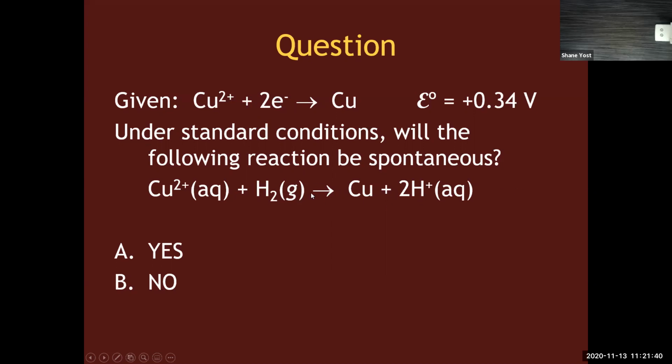And the oxidation half reaction is your standard hydrogen electrode reaction, which has, by definition, a cell potential of 0. So the total cell potential here is just 0.34 volts for the overall reaction, and that's a positive number. So the reaction, yes, will be spontaneous because of a positive cell potential.